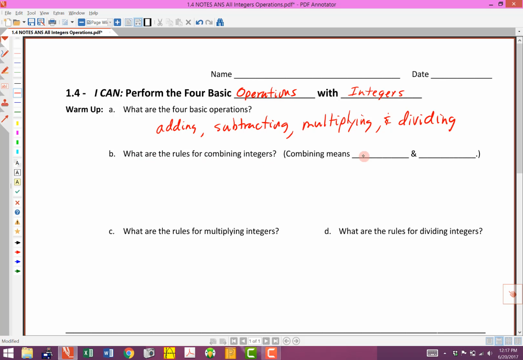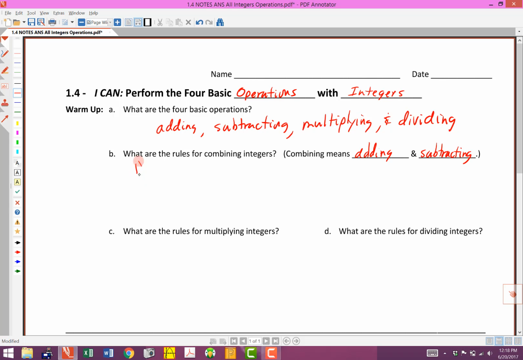So remember, combining, some people will differentiate and talk about this in terms of adding and subtracting integers. We don't do that once we get past 7th grade or so, and I think it's easier just to learn how to combine them from the get-go and learn those rules and be able to deal with those. So the rules are this, okay?